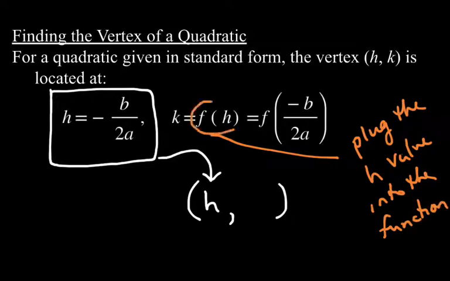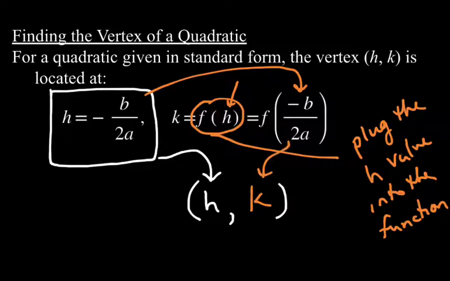To find the k value, you just make h your input. So that's really all that's saying. And then it's saying, well, we know that h is the opposite of b over 2a, so they're simplifying that way. There's really no reason to do that. Just figure out the number and then plug the number in. And that will give you the k value here once you do that. So that'll be the y-coordinate of your vertex.